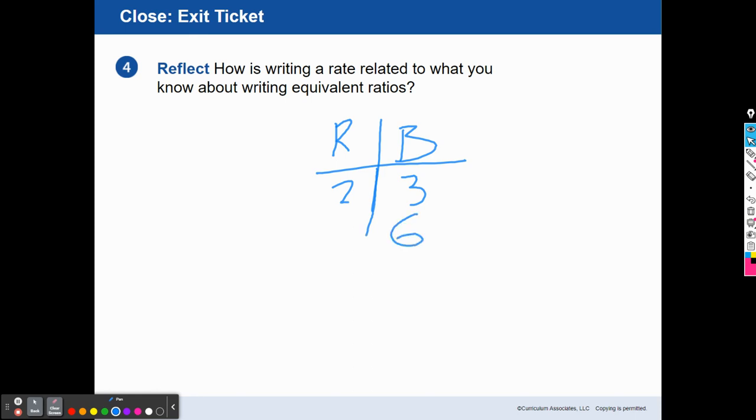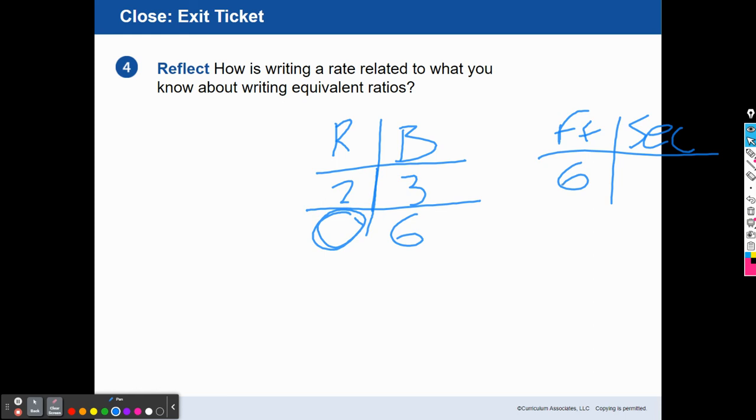So we had to find what would make these two ratios equivalent, right? Isn't that what we just did with feet per second? We had 6 feet for every 3 seconds, but we wanted every 1 second. So then we had to find this missing piece to make our two ratios equivalent.